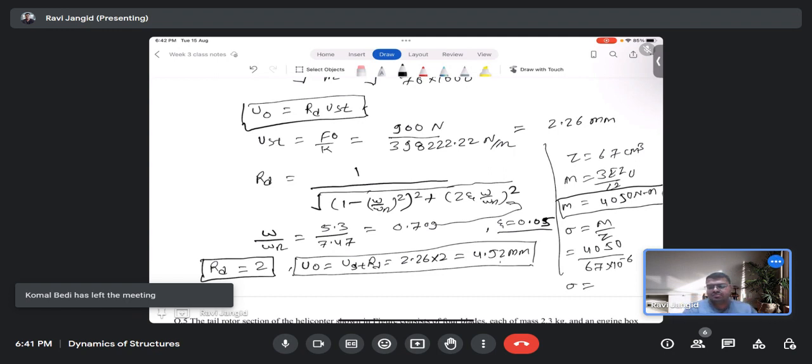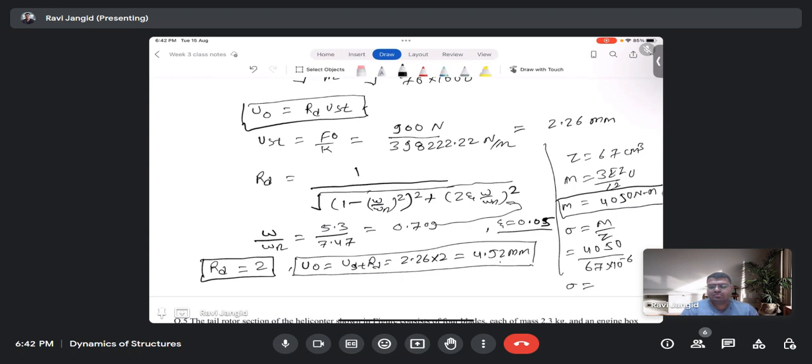Anyone? 60.44 into 10 raised to 6. What is the unit?